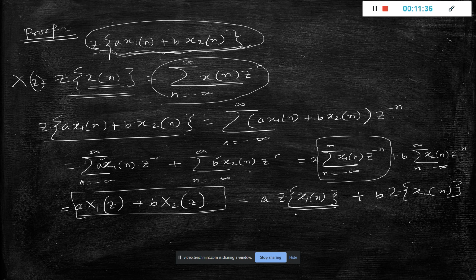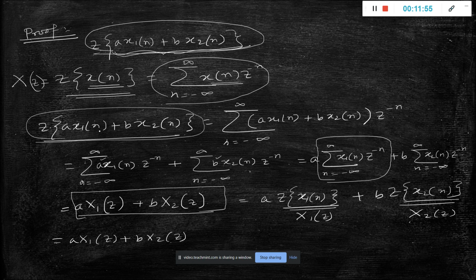So this can be written as x1z and this can be written as x2z. So a x1z plus b x2z. So it is proved that the total summation is equal to the individual summation of the z transforms. So I can say z transform has linearity property.